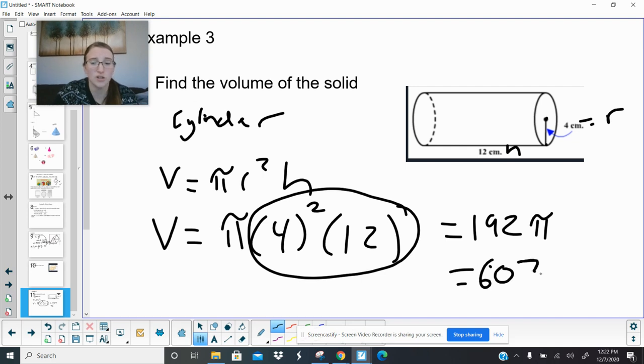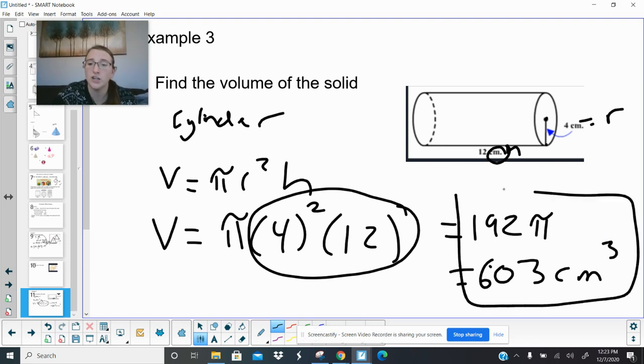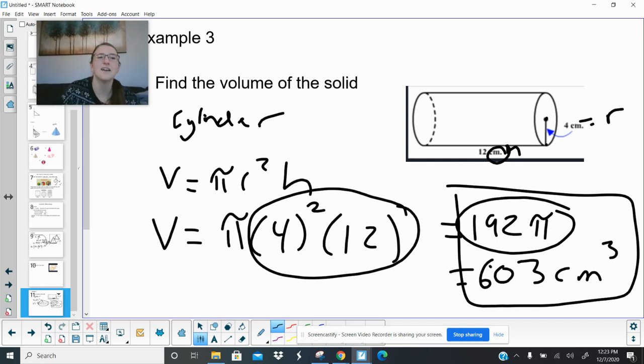So this is actually 603 centimeters cubed. So again, I need to check your homework. It's possible they want you to leave the answer like this. If they do, it would be a multiple choice question because you can't type pi as far as I recall. Or it would be this if they don't want you to leave it in terms of pi.